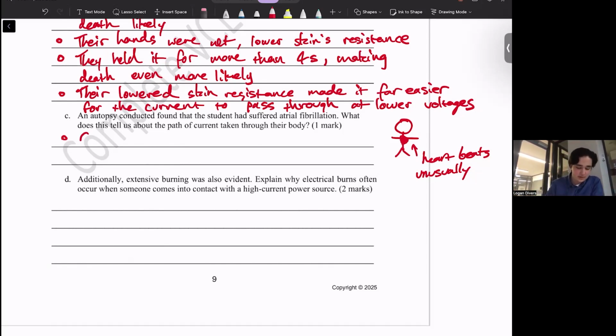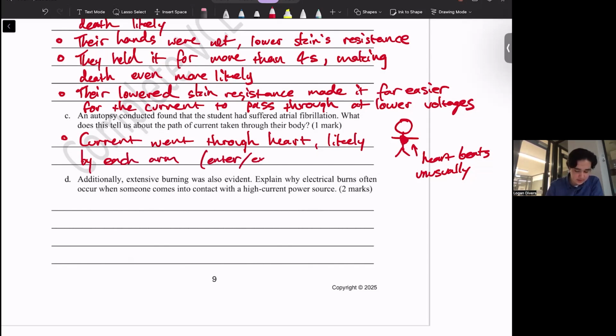So current went through heart, likely by each arm. Enter/exit. So if they were grabbing onto the cable like this, could have gone through here, come back around here, and then come out there. Cause a heart attack.